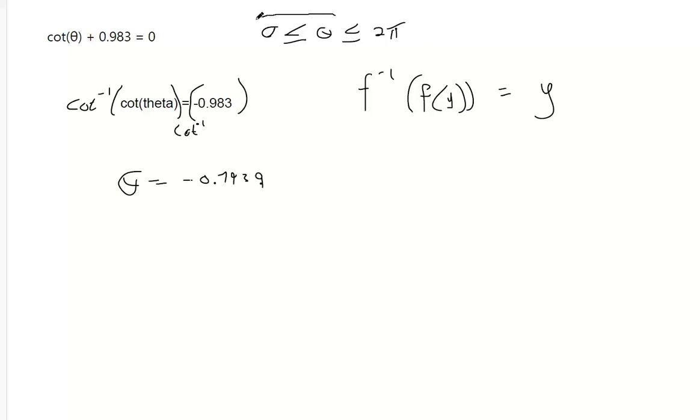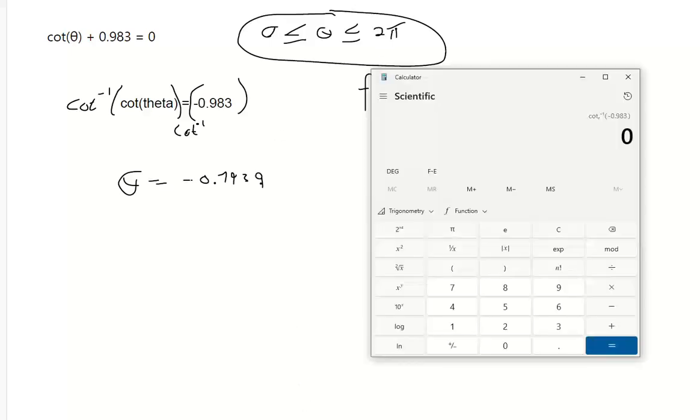So the answer I got here was a negative answer. We want all the answers within this unit circle. So one thing we can do, let me see what the easiest way is. Is that really what I got?